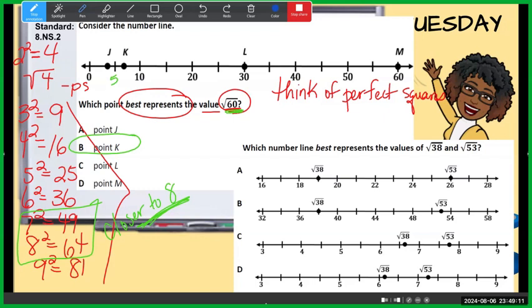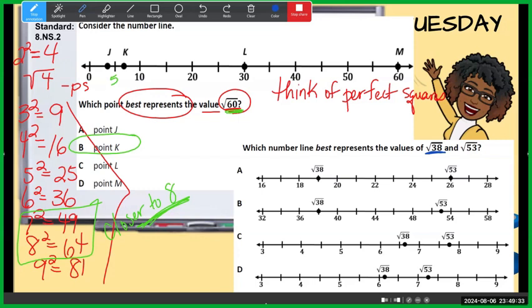Looking at 38, between what perfect squares would 38 fall? 36 and 49, between 6 and 7.